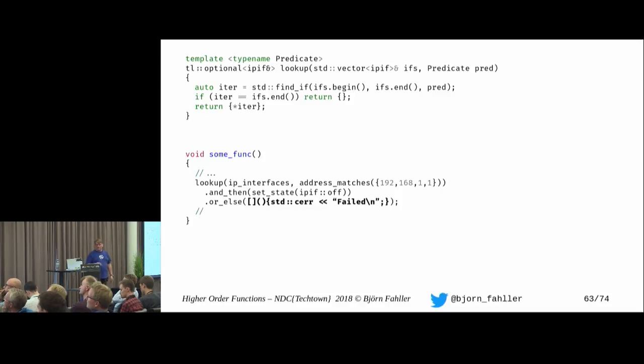So then I can say, or else, write an error message, or well, whatever, something. And this is neat, I think. It's a very powerful way of composing functionality in a somewhat different direction from what I first talked about.